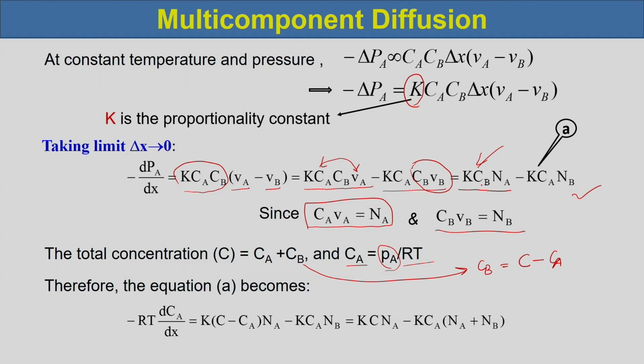So, we will have k into C minus Ca into Na minus k Ca Nb. Now, if we multiply, we can write k C Na minus k Ca into Na plus Nb.